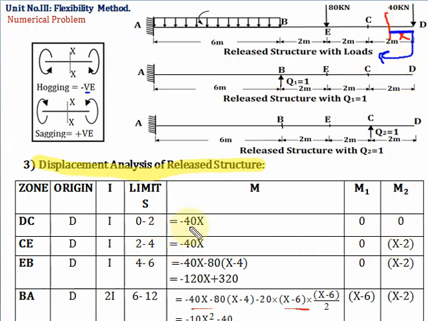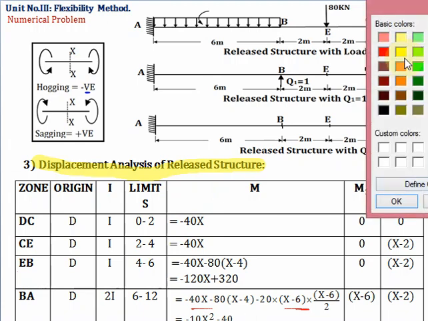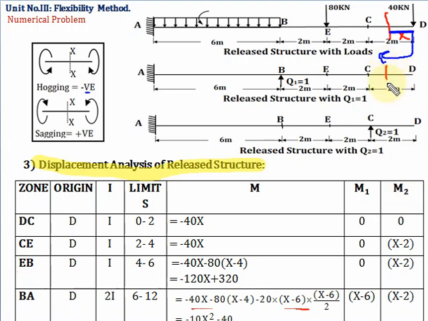So bending moment is nothing but force into distance. What is the intensity of point load? 40, and the length is x. So minus sign, because the nature of bending moment due to this point load 40 kilonewton is hogging, so minus 40 into x. Now we'll take the section in portion CD.